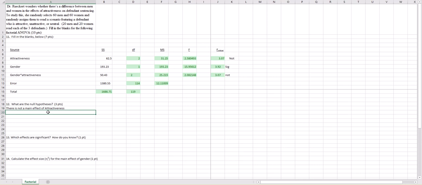Remember, null means no, so the alternative would be there is. And then the last one is there's not an interaction of gender by attractiveness.